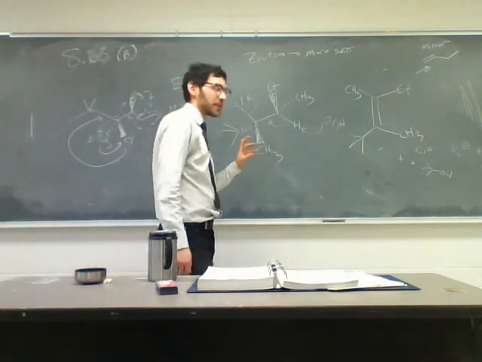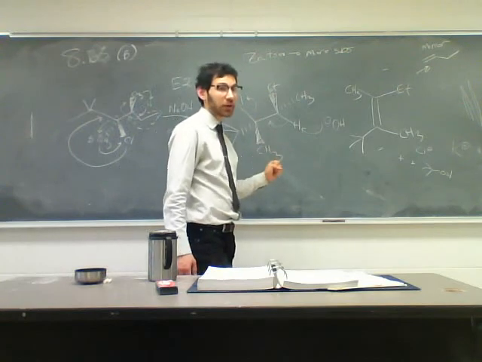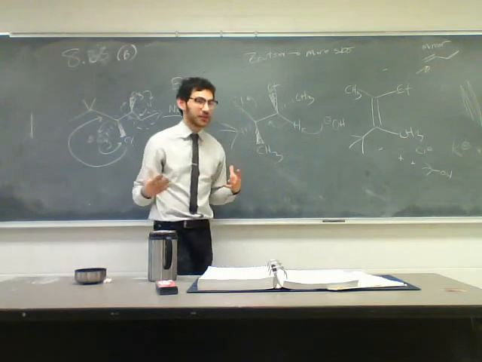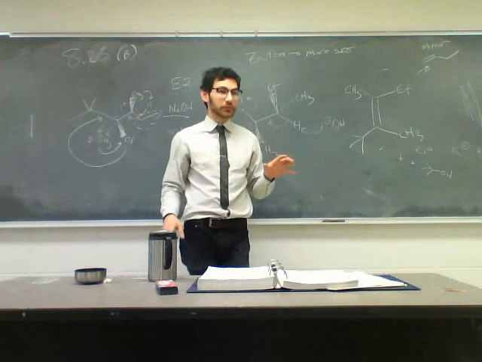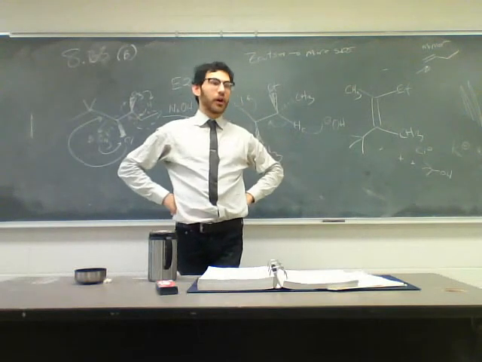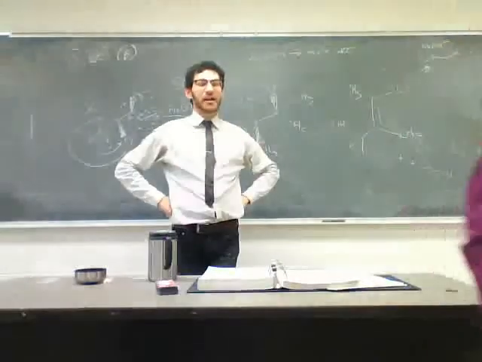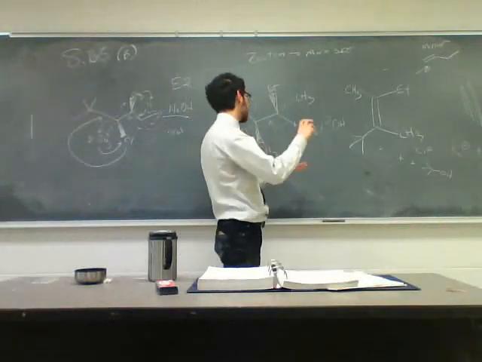We're concerned with just, to get an E2 reaction to work, we have to have this anti-coplanar configuration. And that's why I did the rotation, because the reaction only occurs when they're in that shape. Okay. So the leaving group and beta hydrogen have to be anti-coplanar. The reaction can't happen until they twist into that shape.